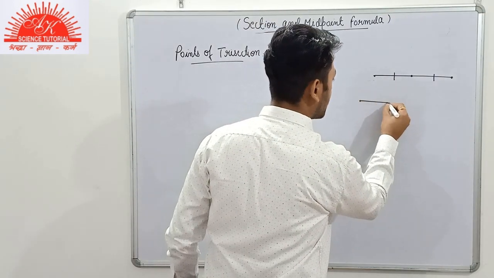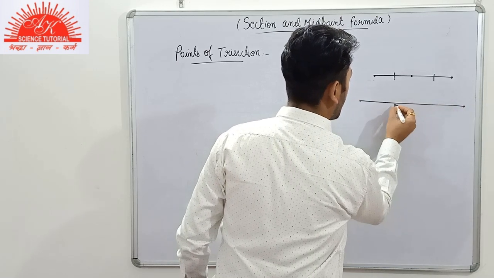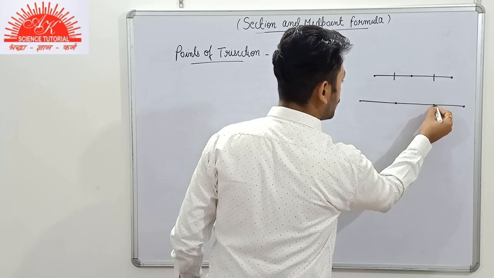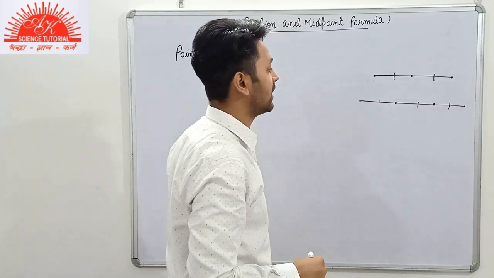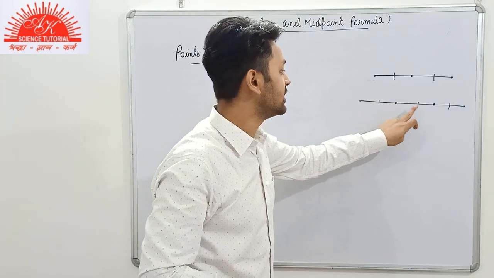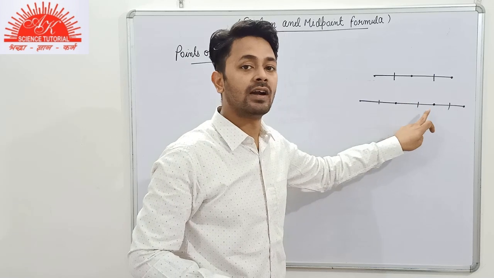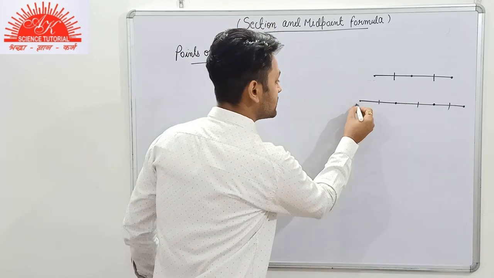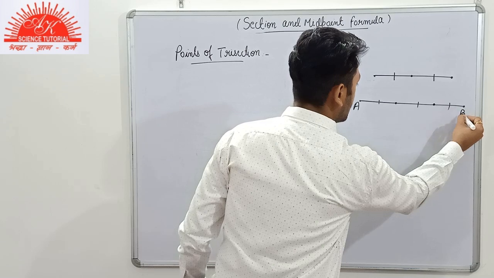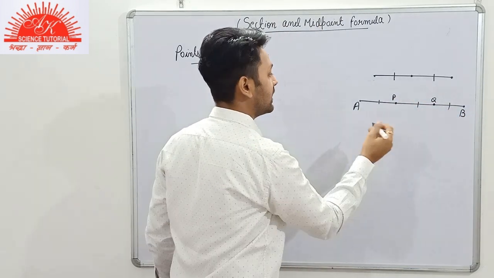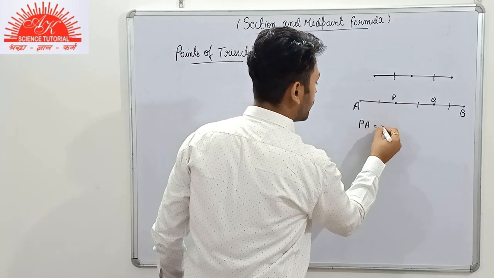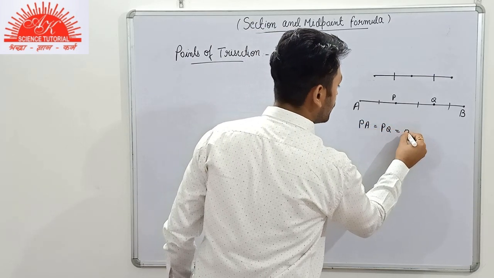Suppose we are given a line segment, and if we place 2 points on it, and they are creating three equal parts there, then we will say that these points are points of trisection. Suppose here it is A and B, and these points are P and Q. We will directly say that AP is equal to PQ is equal to QB.